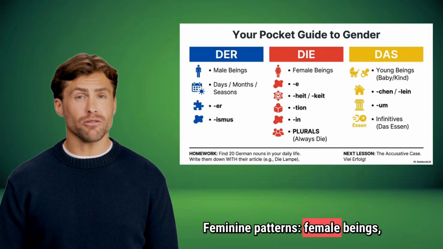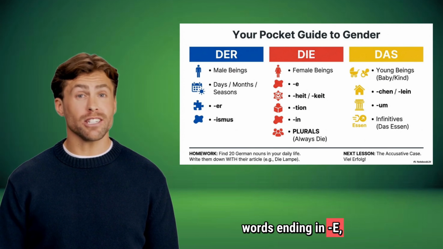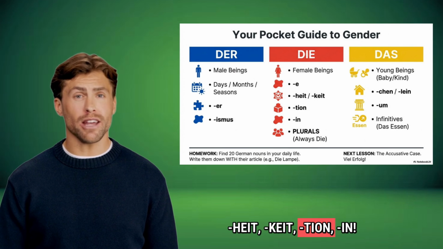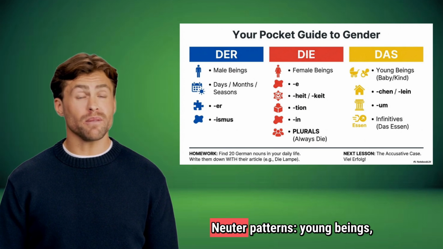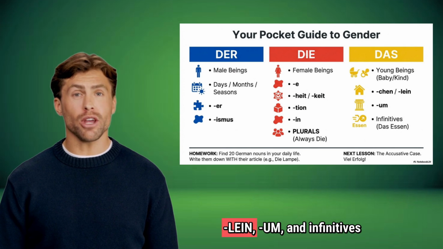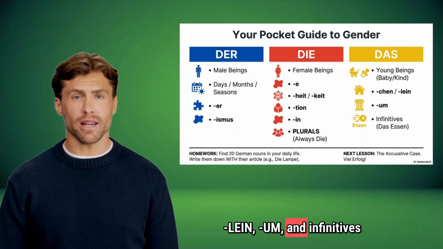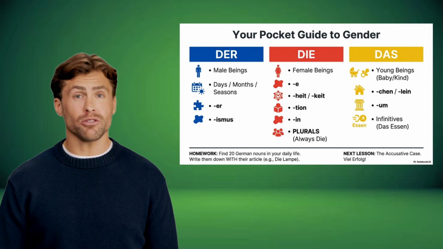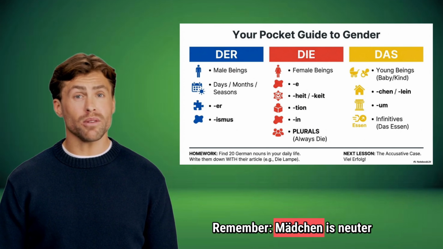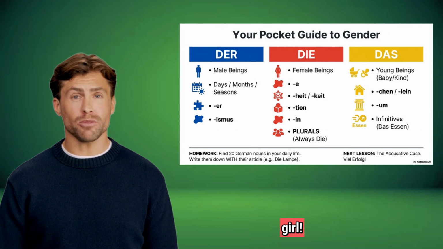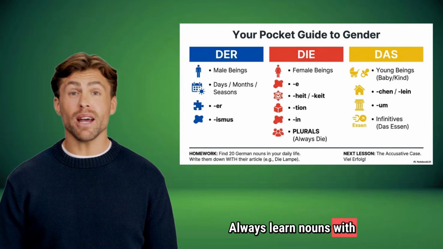Feminine patterns: female beings, words ending in heit, keit, ion, in. Neuter patterns: young beings, words ending in chen, lein, and infinitives as nouns. Remember, Mädchen is neuter even though it means girl. Always learn nouns with their article.